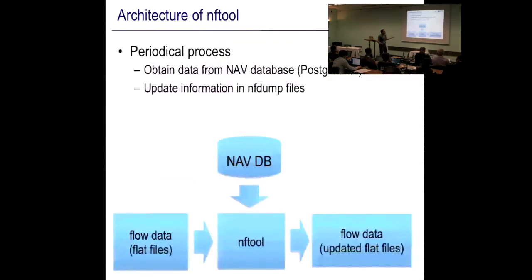How does it work? We have flow data from NetFlow probes. This NF tool takes data from the NAV database where the data are stored, and the output is again NetFlow data in NFDump format.